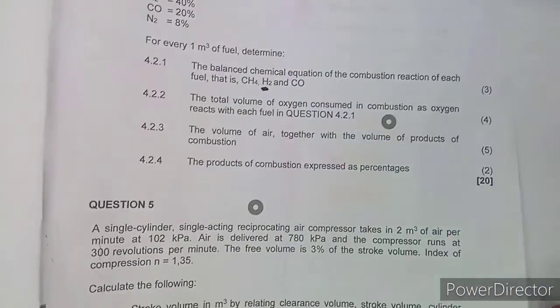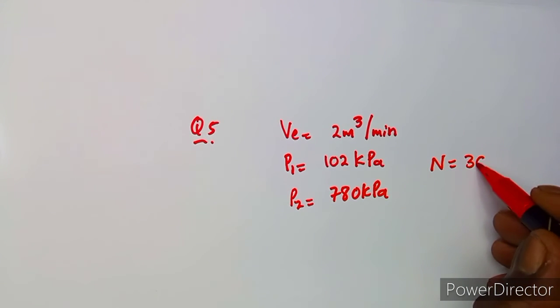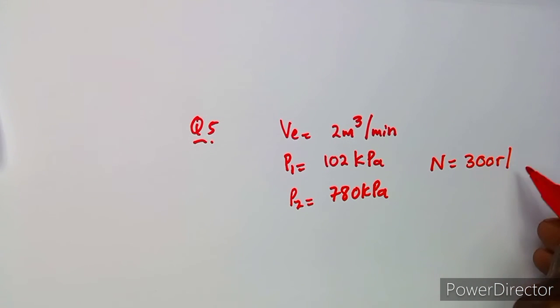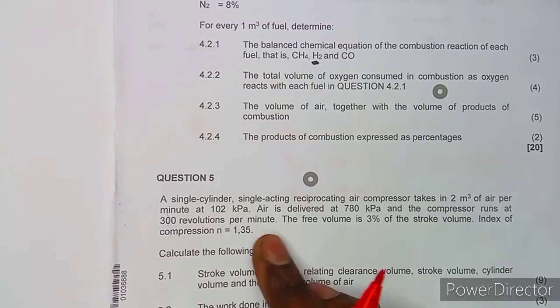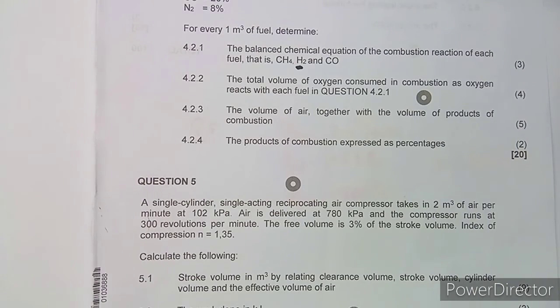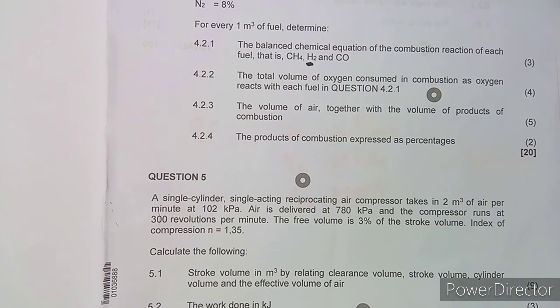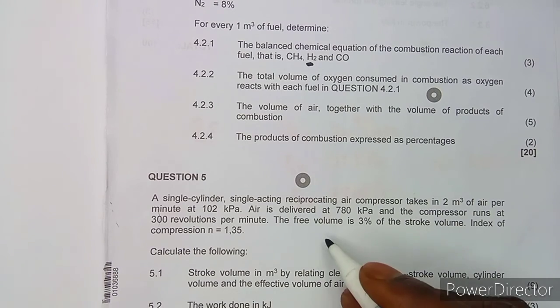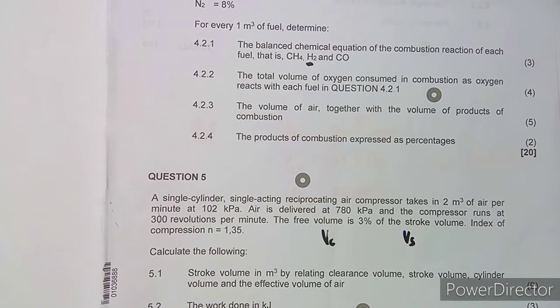The compressor runs at, you are given N, the speed of 300 revolutions per minute. The free volume is 3% of the stroke volume. That is, we are given the clearance volume versus the stroke volume, VC versus VS. So VC is 3%.